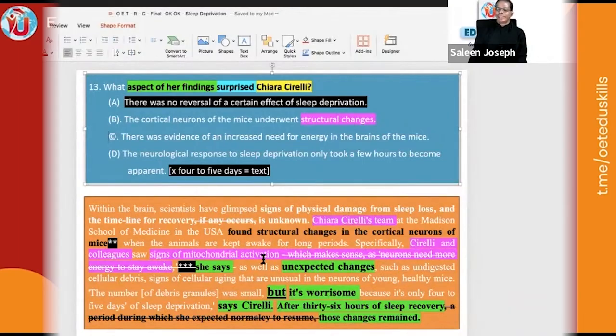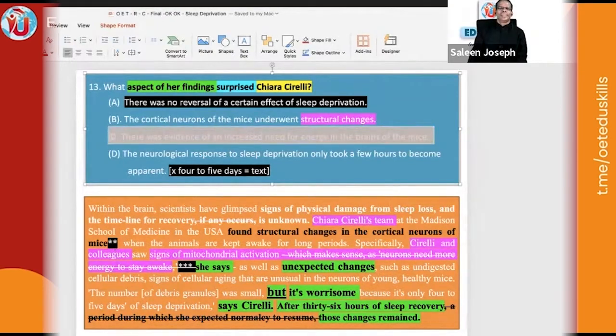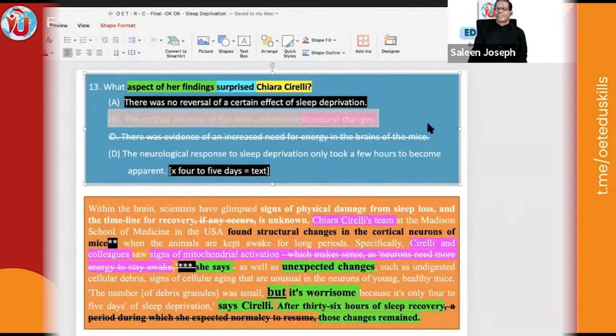Okay, and even this one, third one, signs of ventricular activation, which makes sense as neurons need more energy to stay awake. See, there was evidence of an increased need of energy in the brain. So this is the third option, and that is of Cirelli and colleagues. So not our cup of tea. Okay, so we can eliminate these.